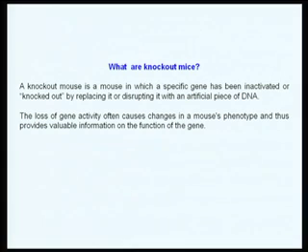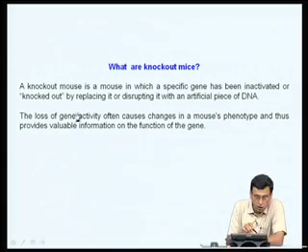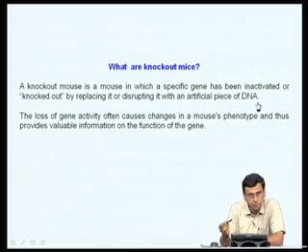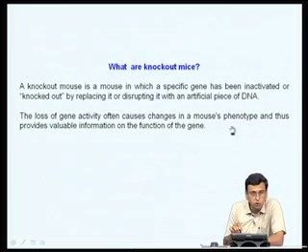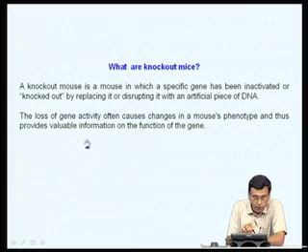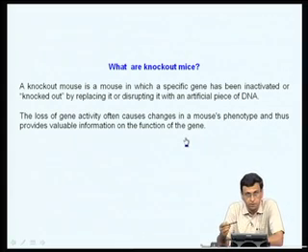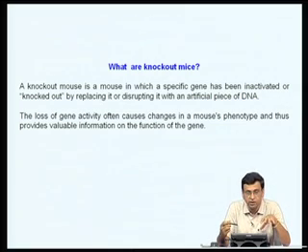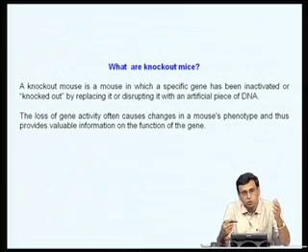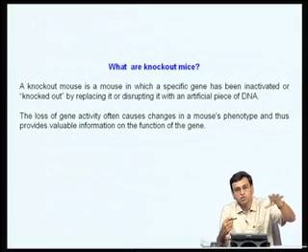A knockout mouse is a mouse in which a specific gene has been inactivated or knocked out by replacing it or disrupting it with an artificial piece of DNA. So the loss of gene activity often causes changes in the mouse phenotype and thus provides valuable information on the function of the gene. The difference between a transgenic mouse model and a knockout mouse model is that in a transgenic mouse we are actually expressing a transgene over the normal genes which are present in the animal.